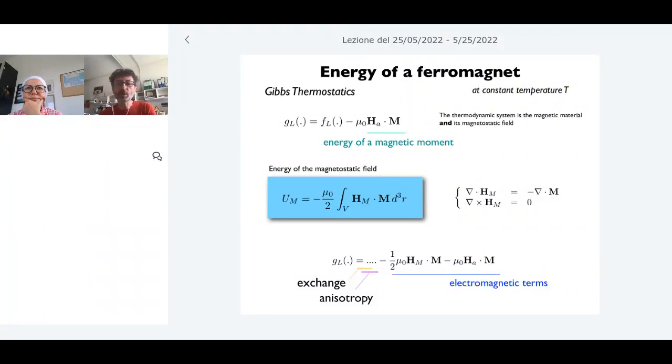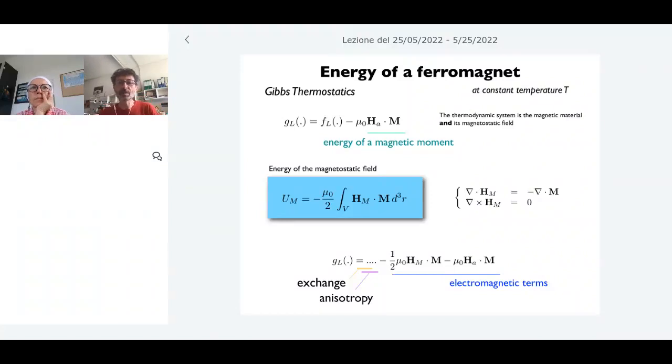So we don't know yet if this energy that we compute corresponds to an energy minimum. And an energy minimum means a configuration which is stable, that does not evolve in time. It's a local minimum of the free energy. And the word local is the really important one.